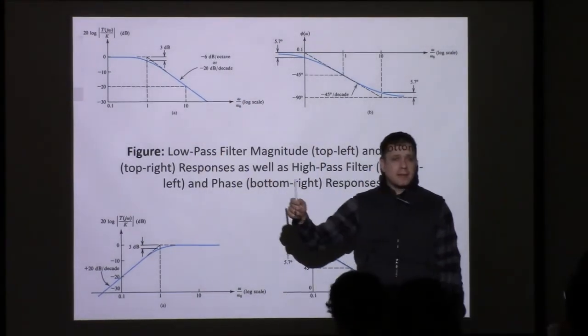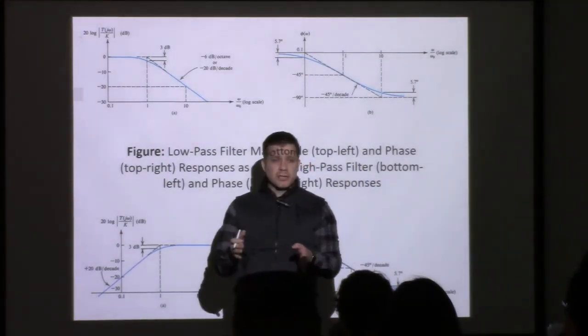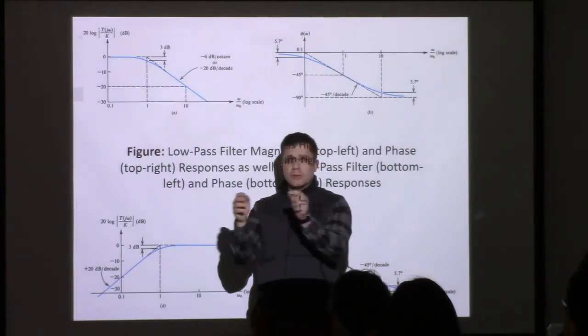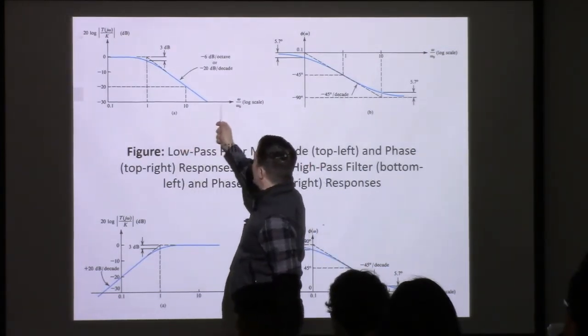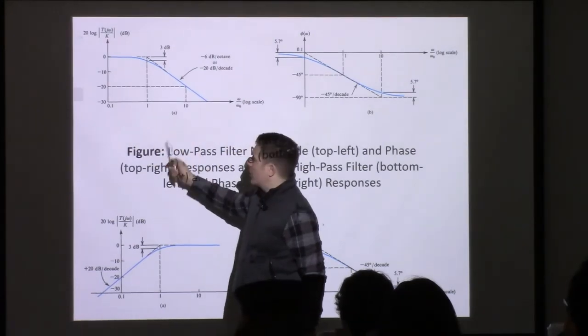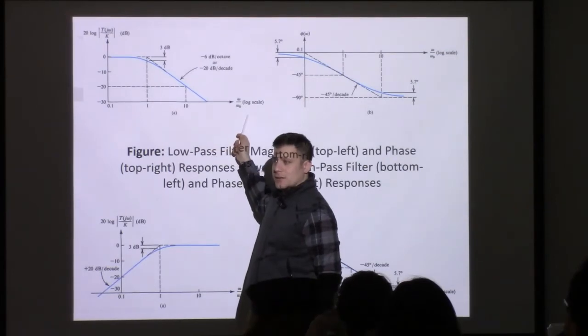So what does that mean? What's a decade? First question. A decade just means going from 100 to 1,000 hertz, 1,000 to 10,000. This scale down here is a logarithmic scale. It doesn't go 1,000, 2,000, 3,000. It goes 100 hertz, 1,000 hertz, 10,000 hertz, etc.